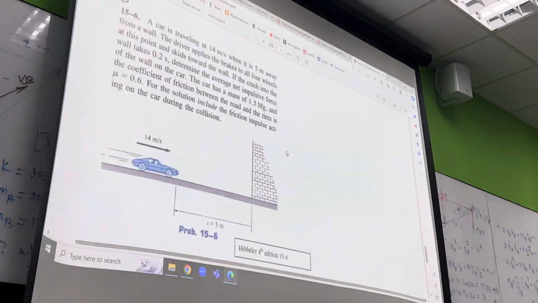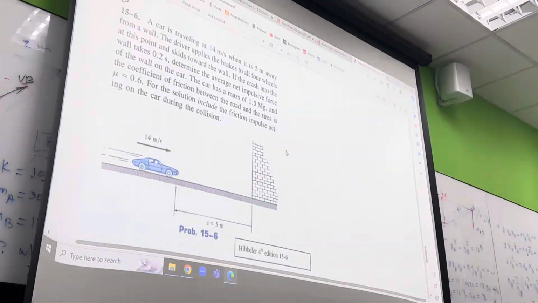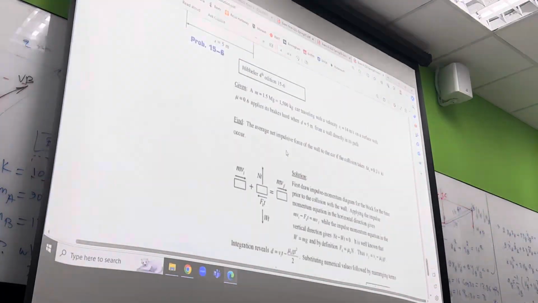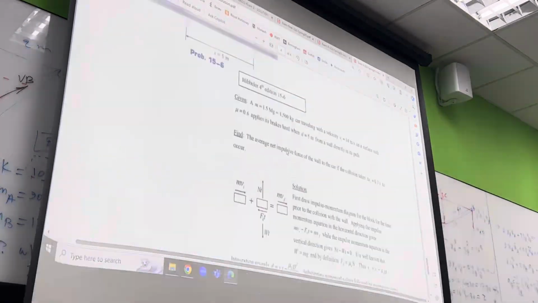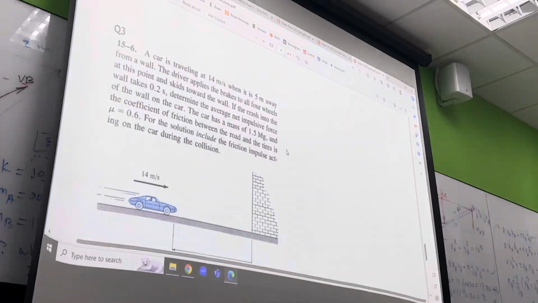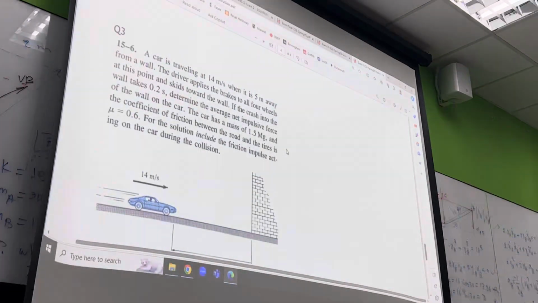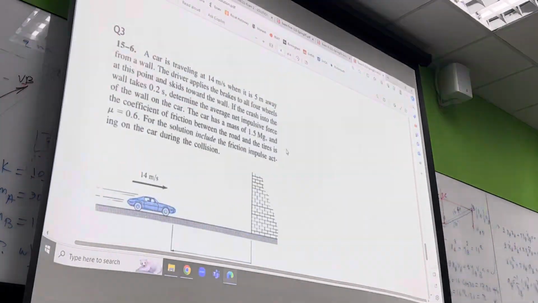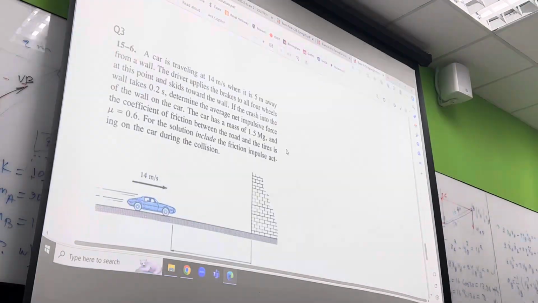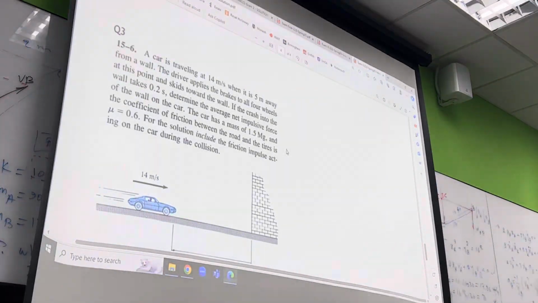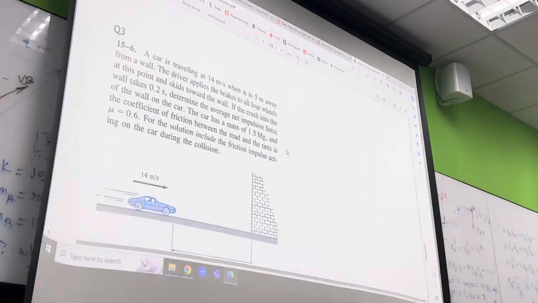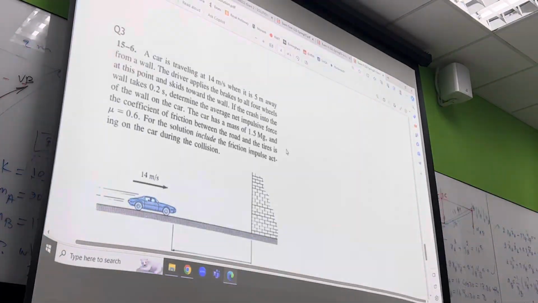The solution was easy. What is that? Oh my God, this is collision. So it's the same principle: a car is traveling at 14 meters per second. When it is 5 meters away from a wall, the driver applies the brake to all 4 wheels at the point of the skids toward the wall.